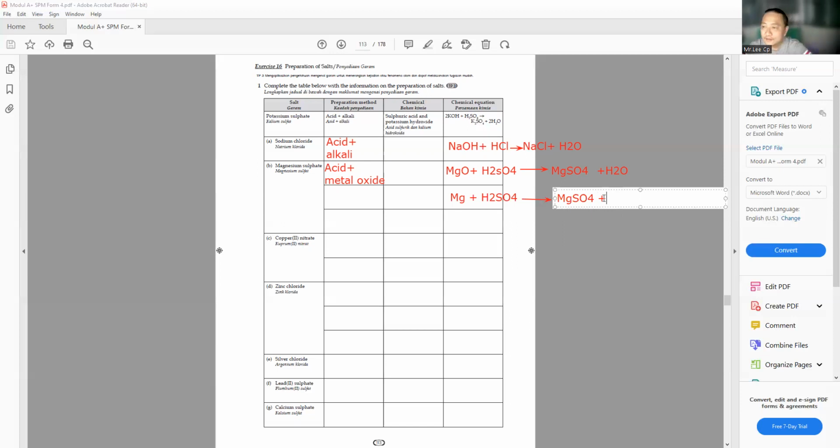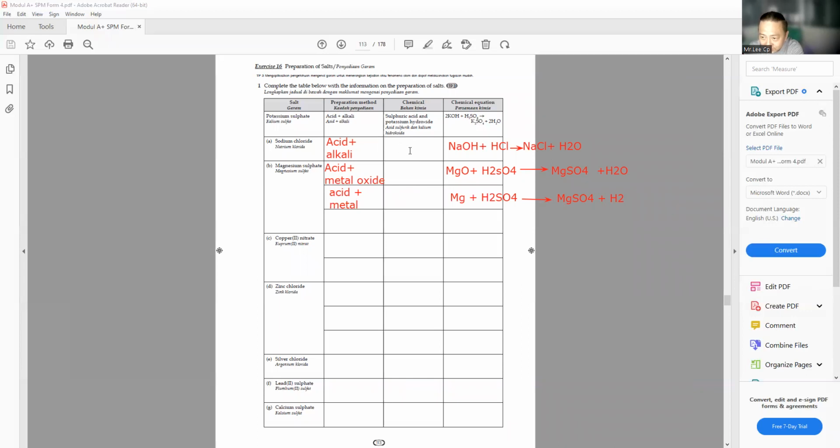What will I get? MgSO4 plus H2. Very good. All right. So this one is acid and metal only. Acid plus metal, so that you get this.